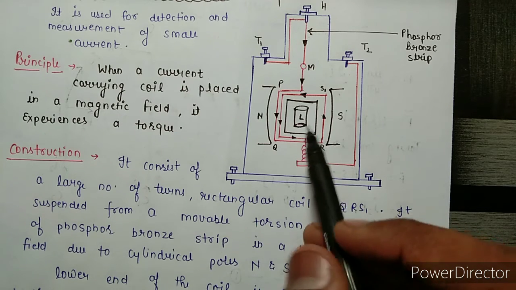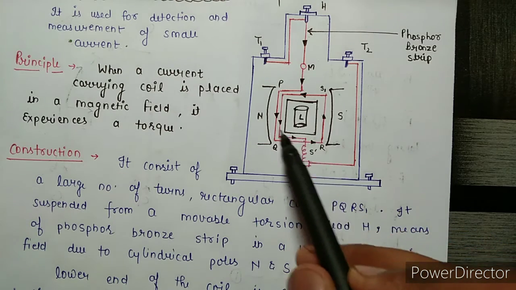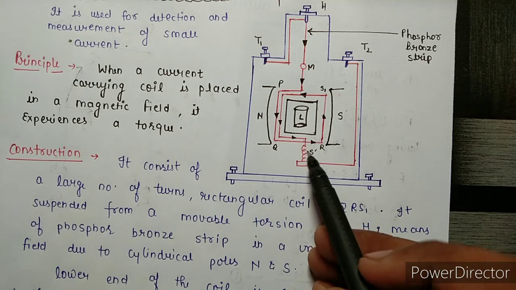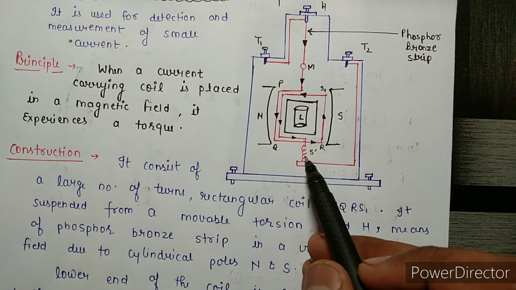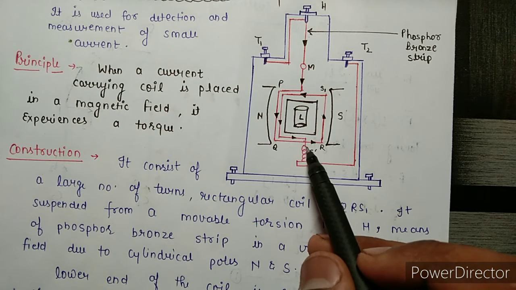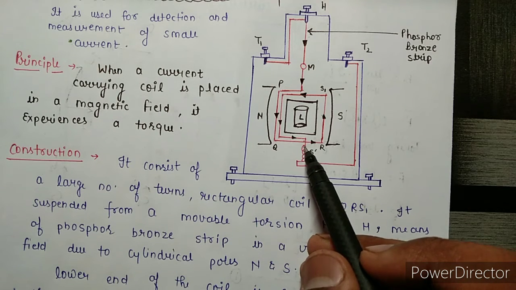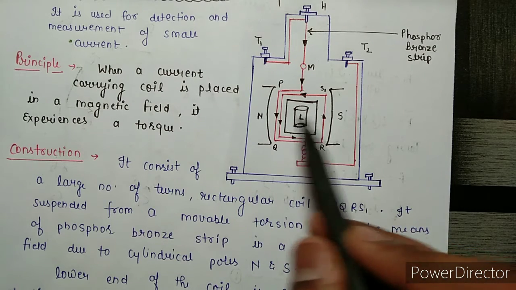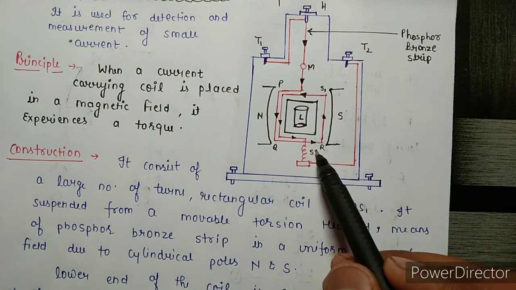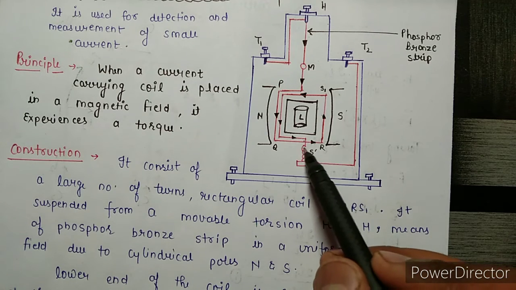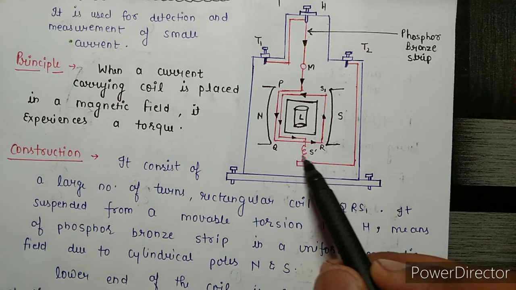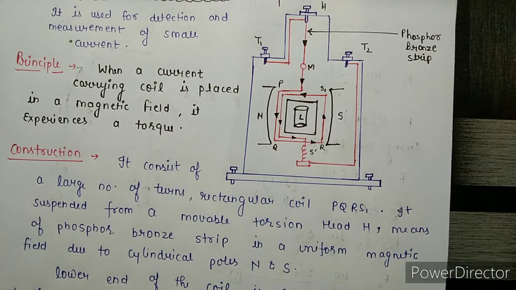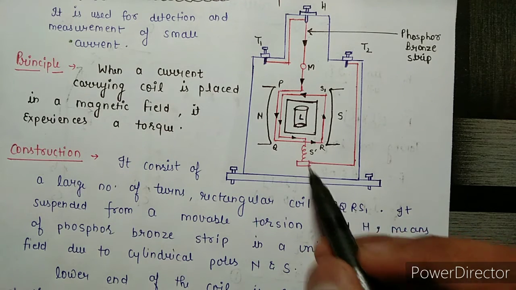Means, the more this rectangular coil rotates, the more this spring gets twisted. And in the equilibrium position of the coil we can say that the deflecting torque due to the external magnetic field is equal to the restoring torque due to this highly restoring spring.